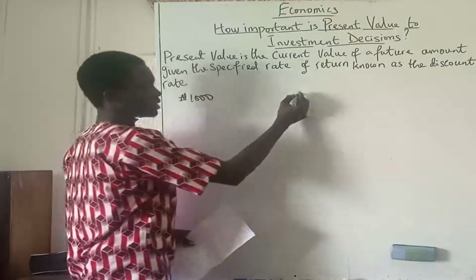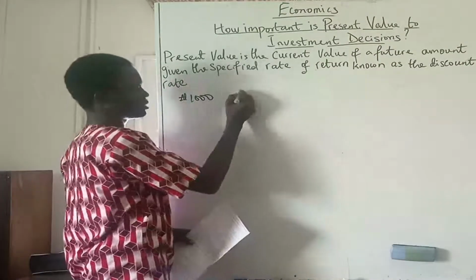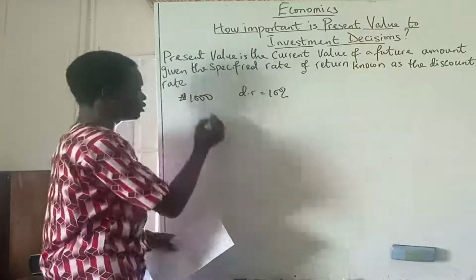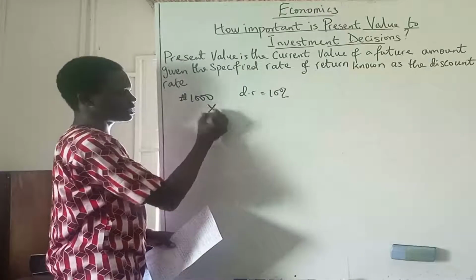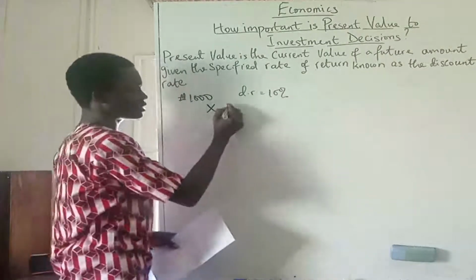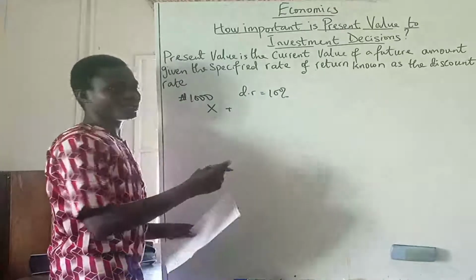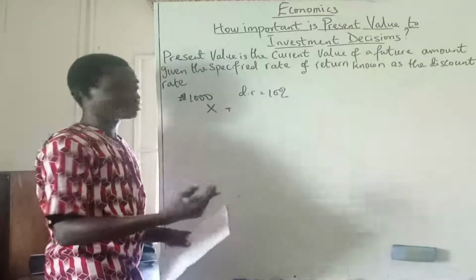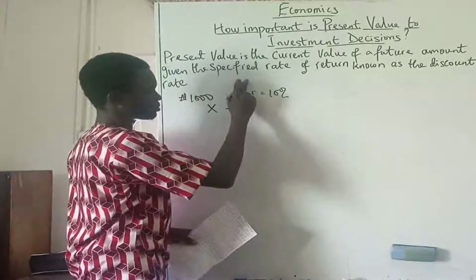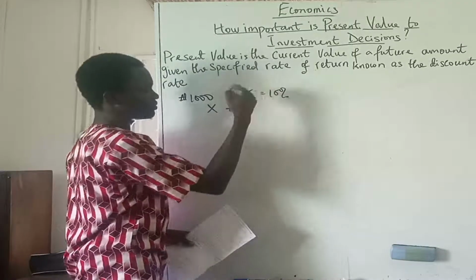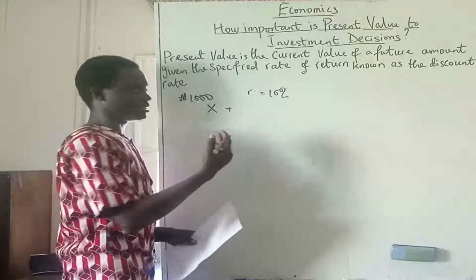Now, the discount rate, let me say the discount rate is 10% per annum. We need a value that we don't know, which is the principal x, plus the returns on that principal. The return on the principal is x multiplied by the discount rate. Let me just leave this as r, so r is the discount rate.